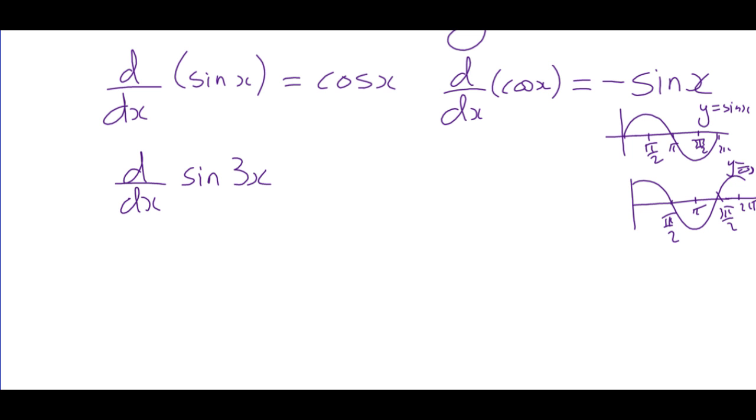So chain rule says that it's the derivative of the outer function with respect to the inner function, so that's the cosine of 3x, times the derivative of the inner function, and the derivative of 3x with respect to x is 3, or 3 cos 3x. So the derivative of sine 3x is 3 cos 3x, using the chain rule.